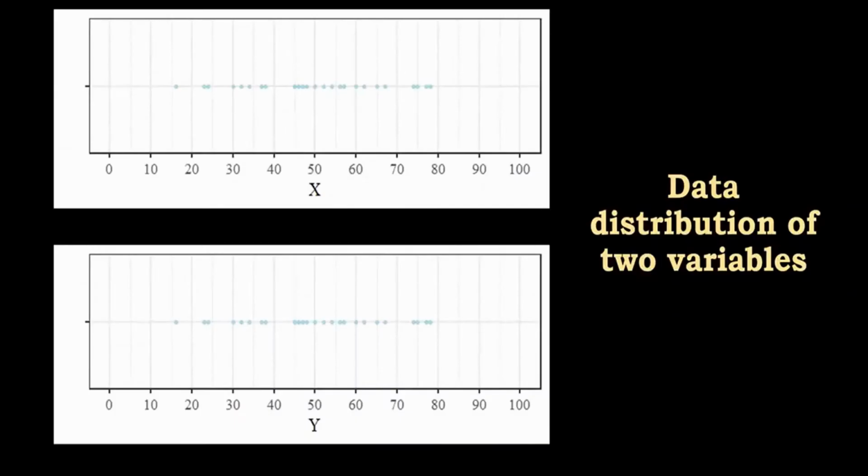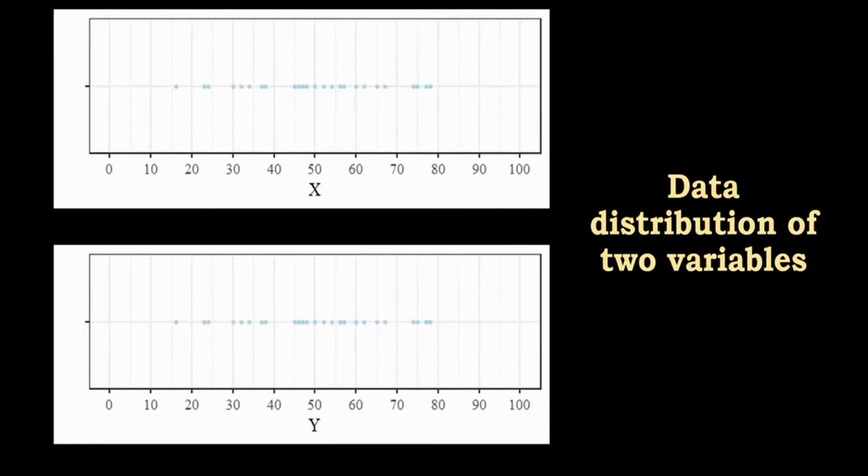Here is a way of representing two related samples measured with the same variable, or two different variables measured in the same sample. For example, variable x could be a variable with possible values from 0 to 100, and variable y is the same variable with possible values between 0 and 100, measured in two related samples.